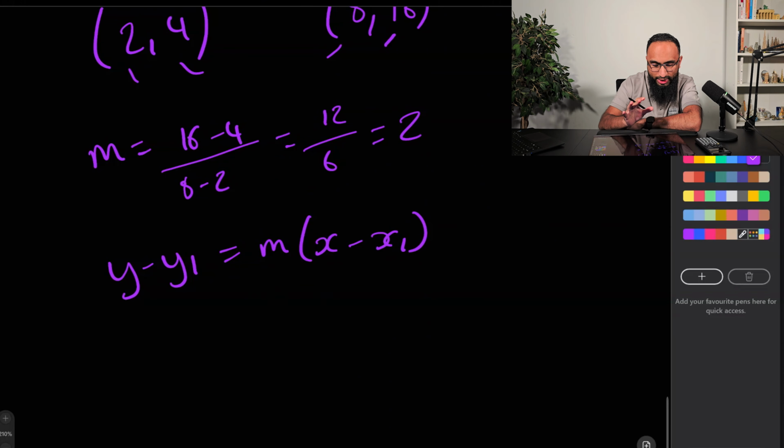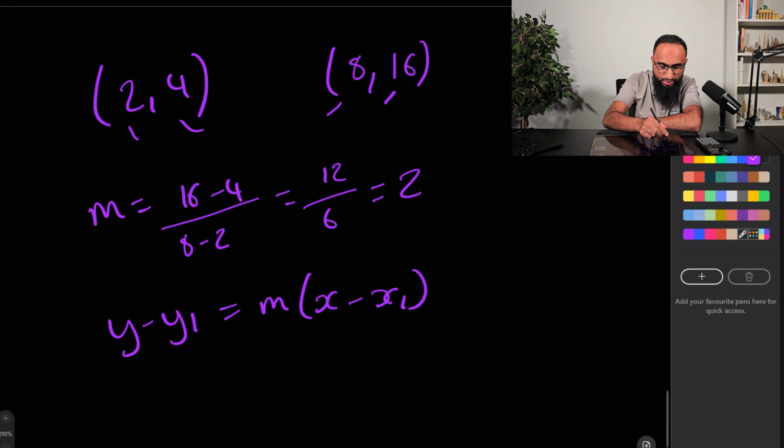They stay as y and x. But for y1 and for x1, we basically can pick either the x coordinate, which is 2, and the y coordinate 4, or we can pick the 8 and the 16. It doesn't matter. We just have to make sure that if you're using the 2, you use the 4, and if you're using the 8, you use the 16. We just have to be consistent in that manner.